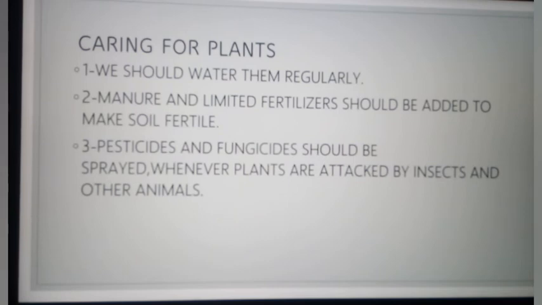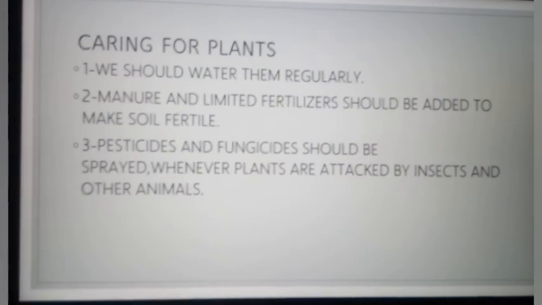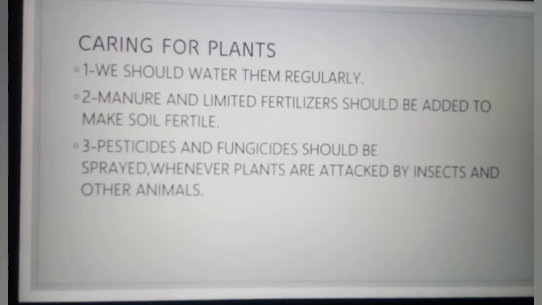So what should we do? We need to take care of plants. We should give water to them regularly. And the second thing, if we are growing plants on a large scale, or maybe a few plants also, then also we need to take care of them.